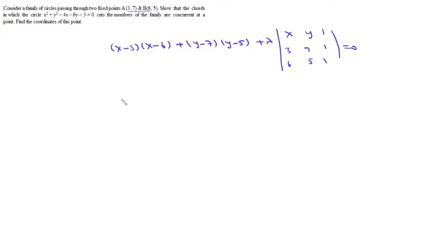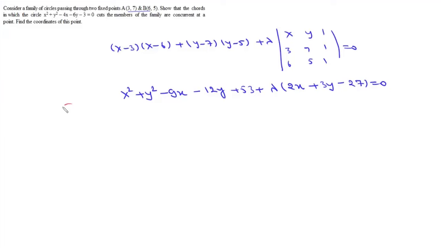Now we can write this equation as x square plus y square minus 9x minus 12y plus 18 plus 35, that is 53, plus lambda (2x plus 3y minus 15 minus 42, that is 27) equals 0.